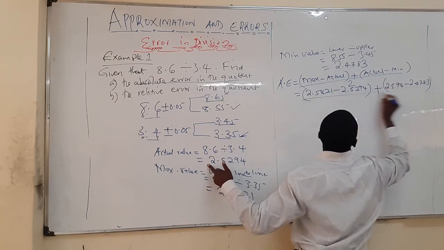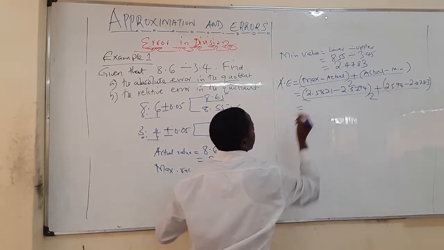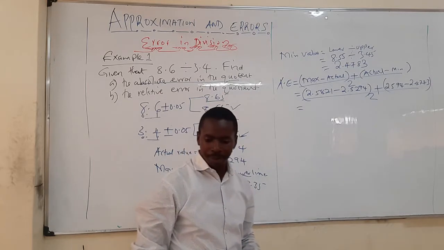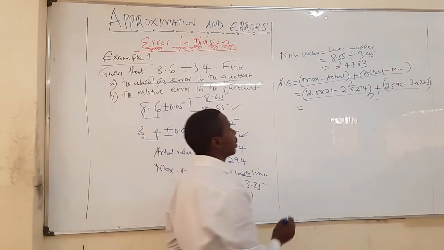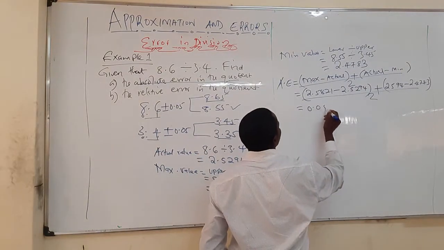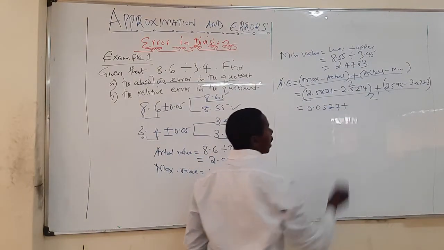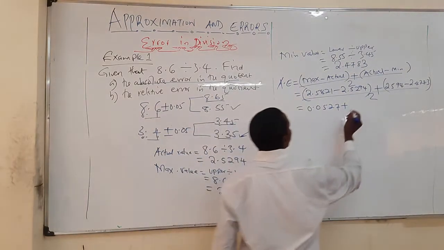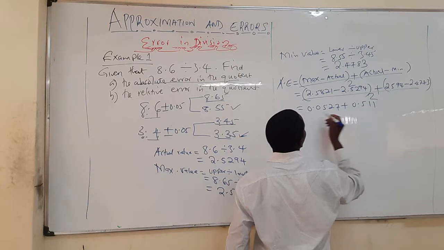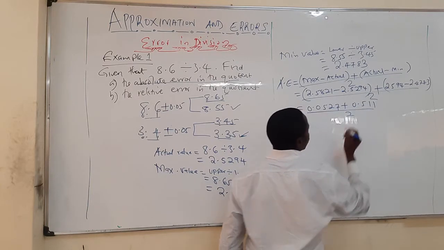All of this divided by 2 gives 0.0527 plus 0.0511 divided by 2.